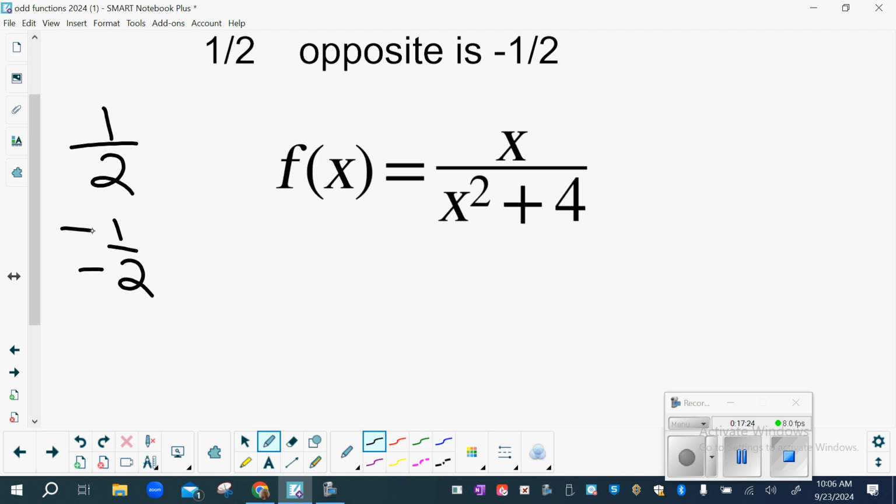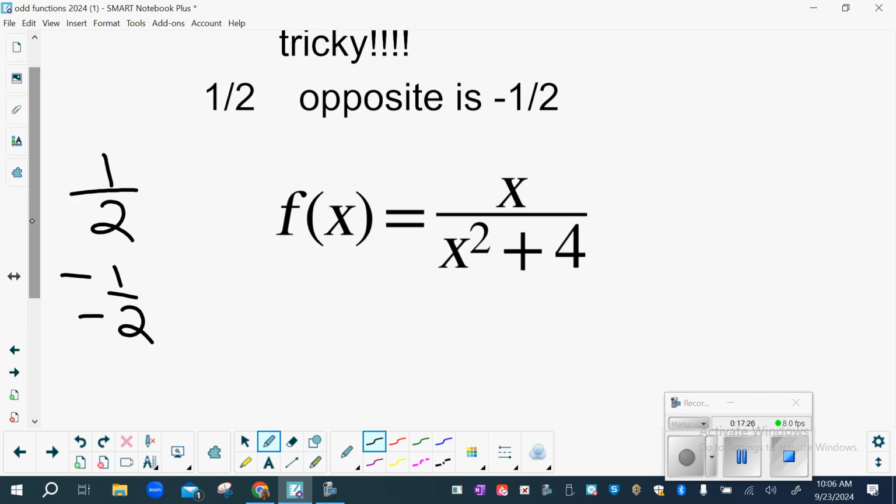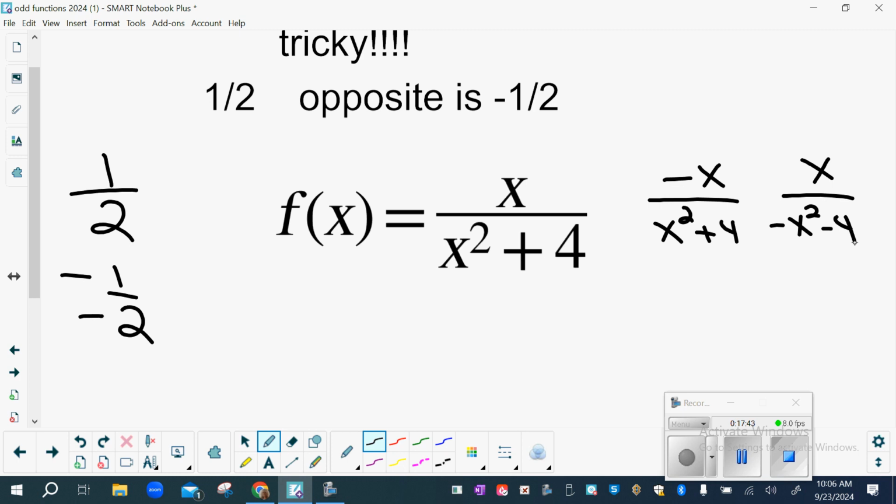So if that is my even home base, my odd home base is either the top changes and not the bottom, or the bottom changes and not the top. But we don't change both the top and the bottom. You know why? Because that flips it to even, because they cancel out.